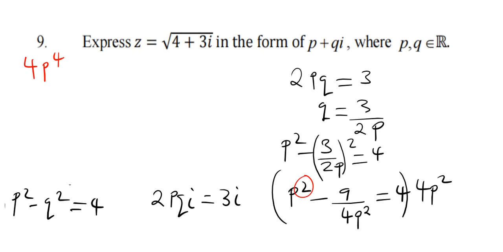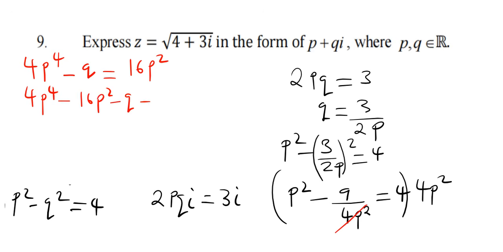Because here is squared and the other p is also squared. So we're going to have 4p squared minus q. Minus q, because the 4p squared and the 4p squared are going to cancel, because that's what we want. We don't want fractions. Then we're going to have 4 multiplied by 4p squared, we're going to have 16p squared. Now it's in the normal form. I'm going to have 4p to the power 4 minus 16p squared minus q is equals to 0. I've taken it the other side.